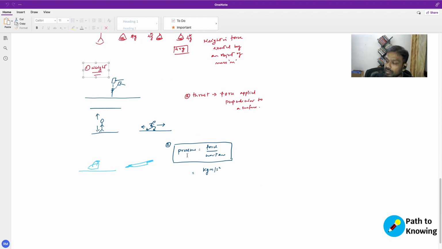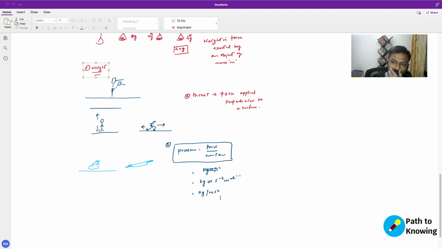So you can rewrite this as kilograms meters per second squared per meters squared. So this is the unit for pressure, and you can cancel this m. So which means that it is 1 kg per meter second squared, right? So this is the unit of pressure, and we don't normally measure pressure in this.